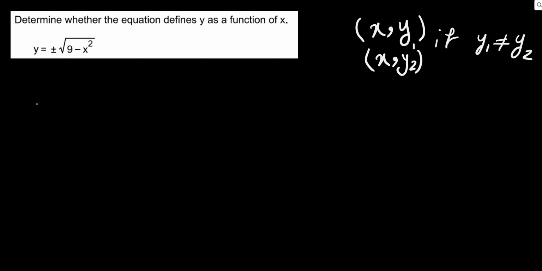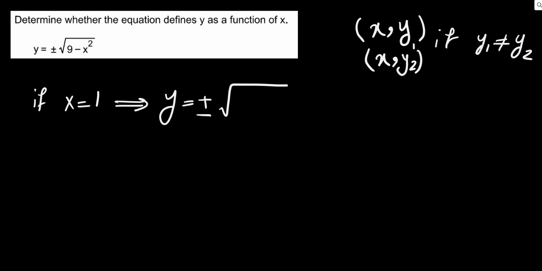It means that if we have x equals something, for example 1, then what is the y value? We get y equals positive and negative square root of 9 minus 1 squared. So it's positive and negative square root of 8.